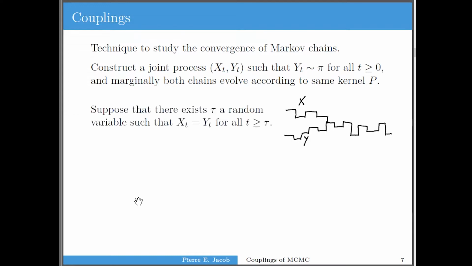But we can maybe construct them in such a way, and that will be up to us to do this construction, that there will exist a meeting time, time tau, at which the chains become exactly identical, even on a continuous state space, and then remain identical. Obviously, this is not going to happen by chance if you don't do anything special about it, especially on continuous state spaces.